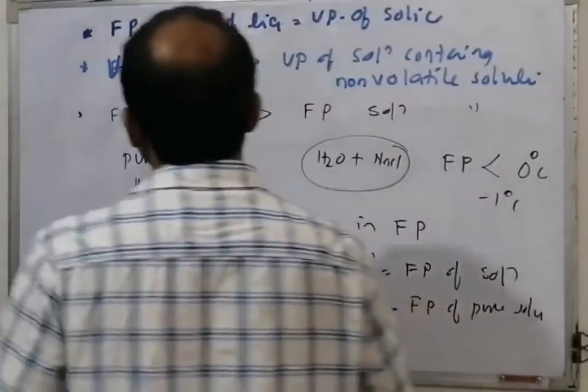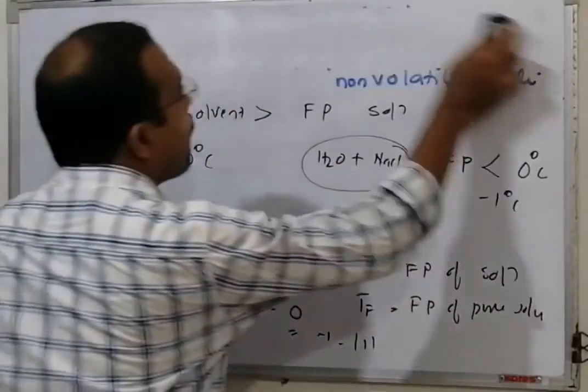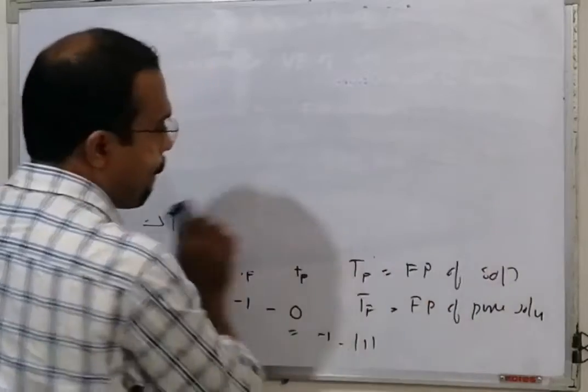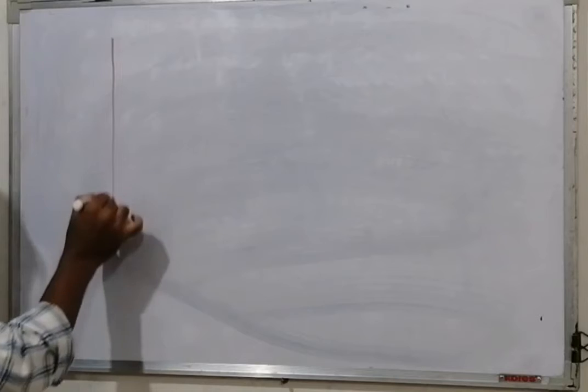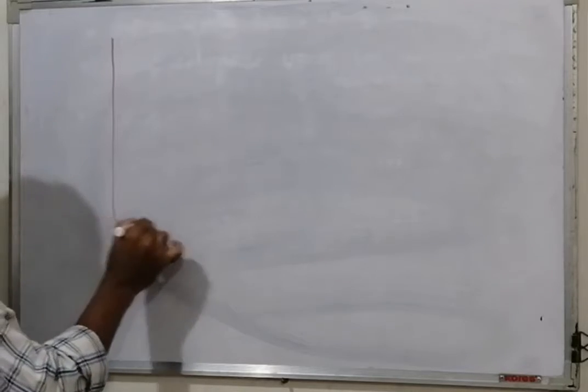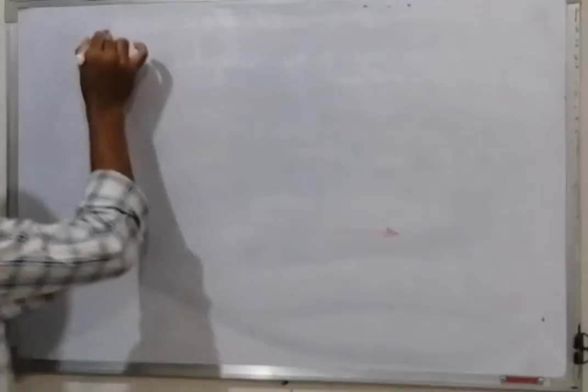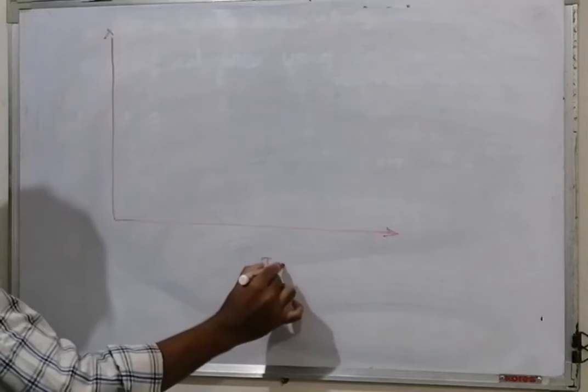Now we can graphically express this. Students, please see how I draw this graphically. Suppose you have an x and y axis. This is temperature.